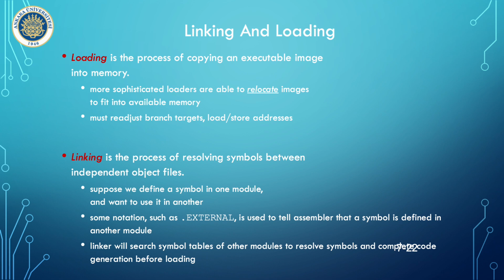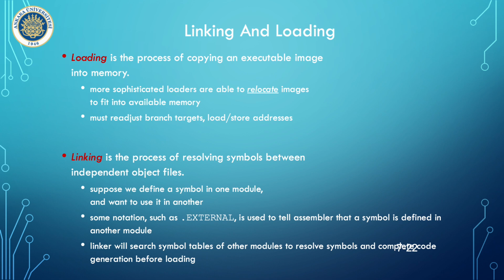And now I want to talk about linking and loading. Loading is the process of copying an executable image into memory. The more sophisticated loaders are able to relocate the image to fit into available memory, and they must readjust branch targets, load, and store addresses. On the other hand, linking is the process of resolving symbols between independent object files.